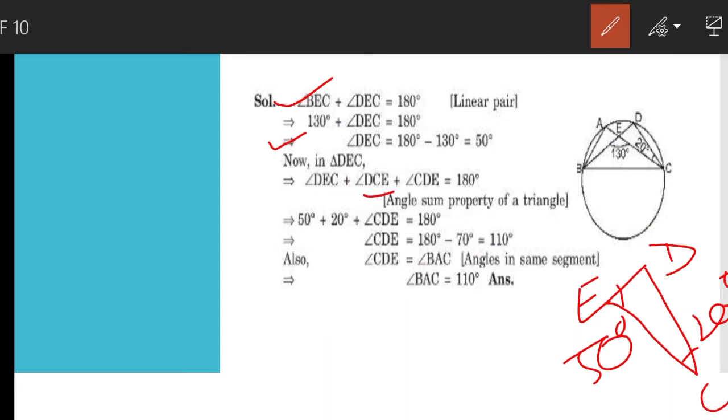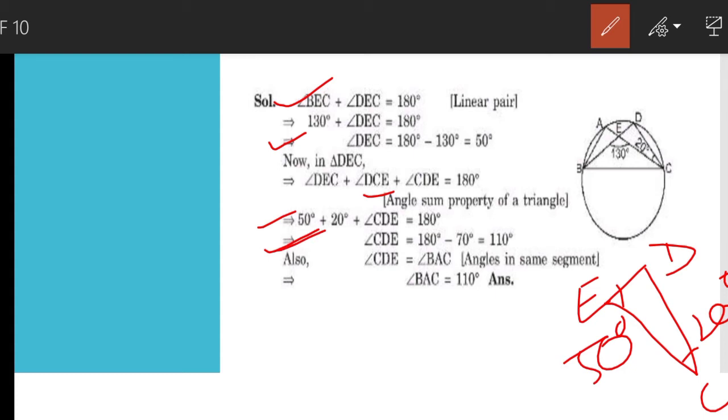So on adding angle DEC plus angle DCE plus angle CED is equal to 180 degrees. So which will give us 50 plus 20 plus angle CED is equal to 180. So subtracting, CED we will get 110 degrees.